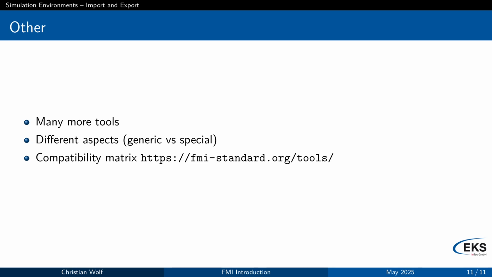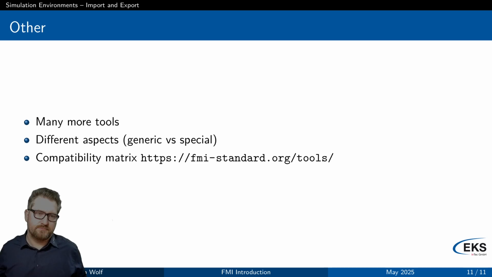But there are a ton more tools depending on which FMI version you are talking about. In FMI 2 it's, I think, 250 tools or so in the world, and getting more day by day. These tools don't share all their features and all their main goals, but they address different aspects. And there is also a compatibility matrix that you want to have a look at if you are really interested in certain features, because then you can understand what these tools can do or cannot do.